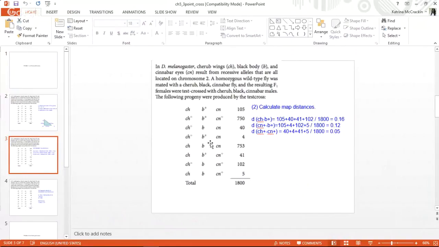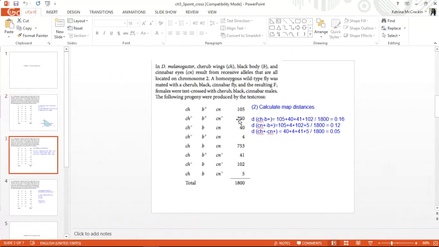So we're going to start out with CH and B plus. So 105 plus 40, CH, plus 41, CHB, plus 102, CH plus B. And then we divide that by the total, 1800, and I got 0.16. And then I did CN plus minus B plus.